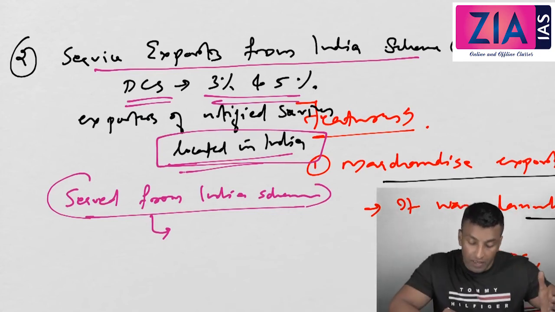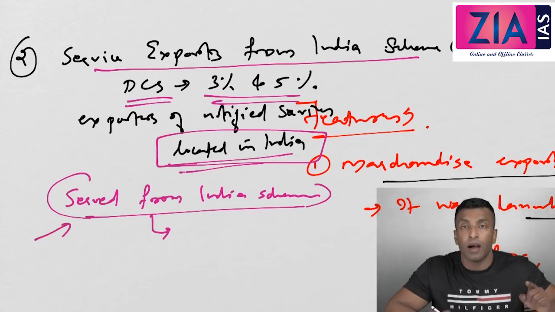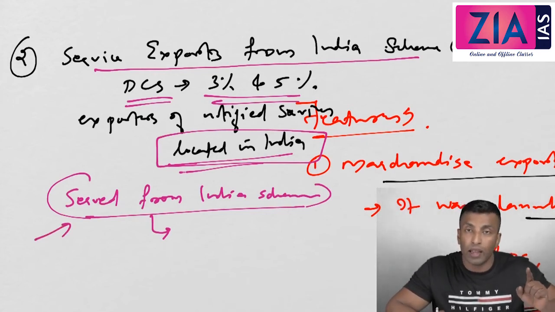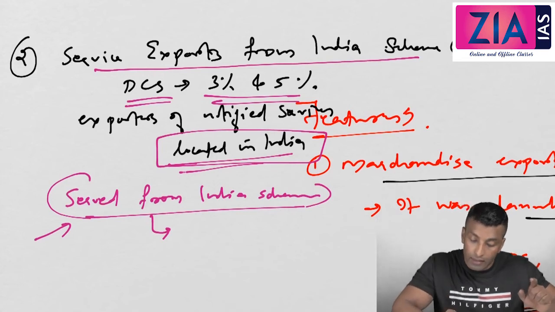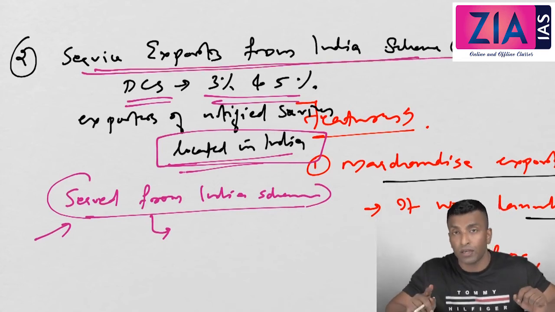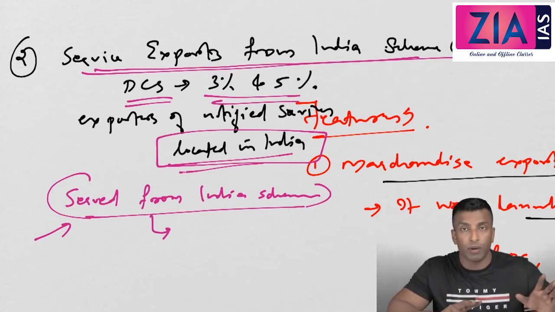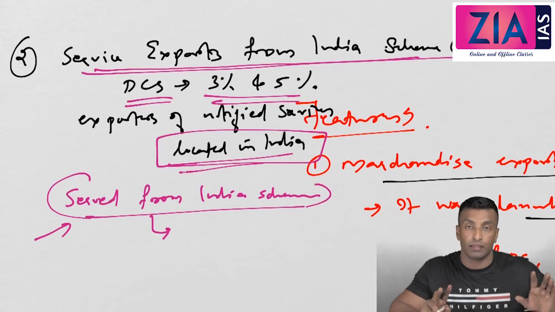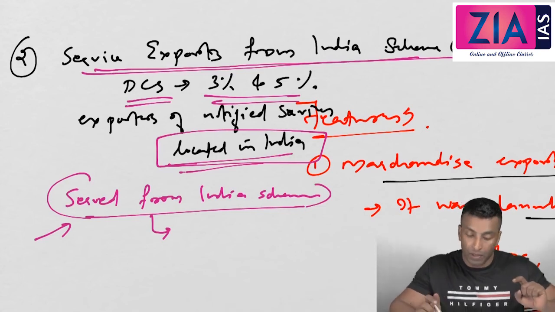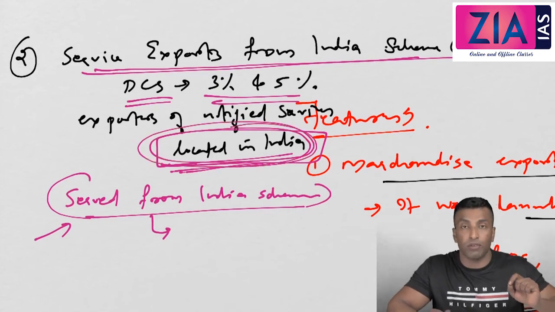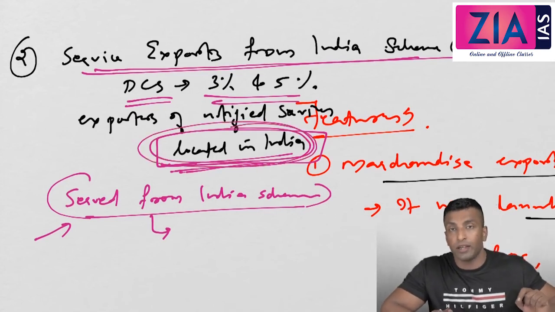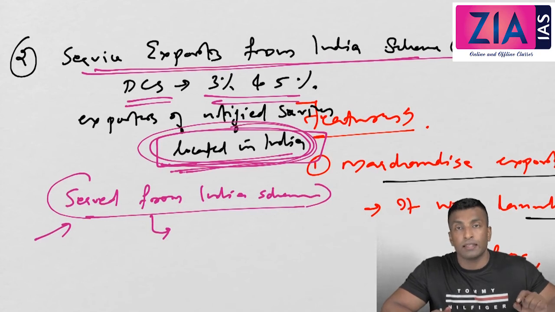So what I mean to tell you is, it replaced the Served from India Scheme, under which only Indian companies got the benefit. Now under SEIS, even a foreign company, if it is located in India, gets DCS. So it is not only for Indian companies. It is just a domestic concept: even a foreign company located in India gets the DCS if they are exporting the notified services.